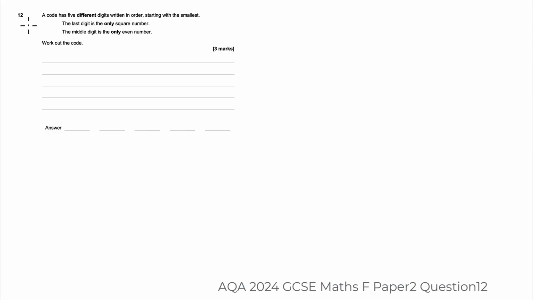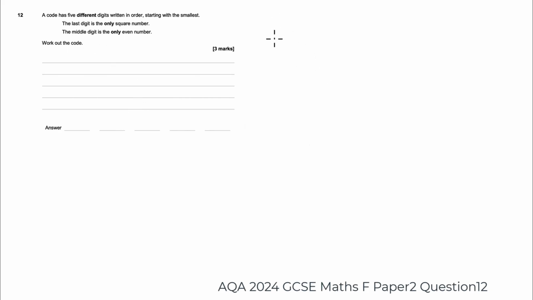Well, here's question 12. And we have to try and build a code up, or discover a code that has 5 different digits, written in order, starting with the smallest. The last digit is the only square number, the middle digit is the only even number, and we have to discover the code.